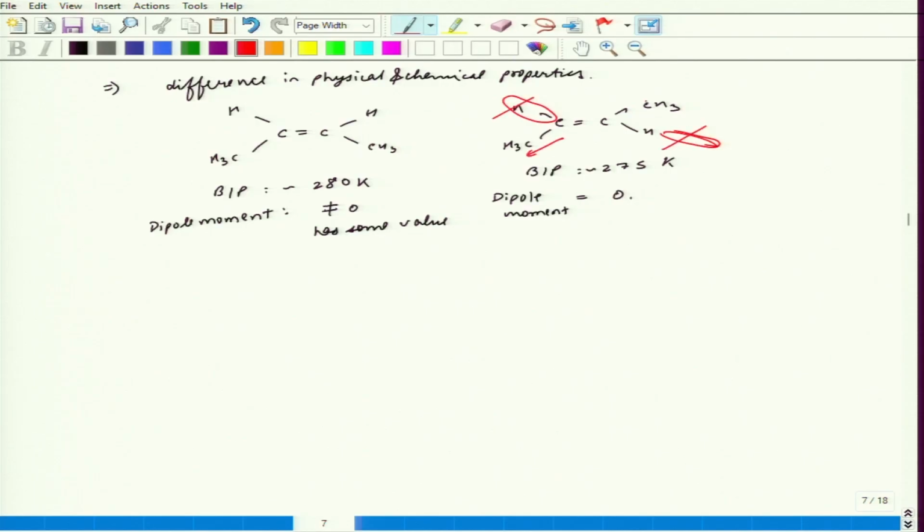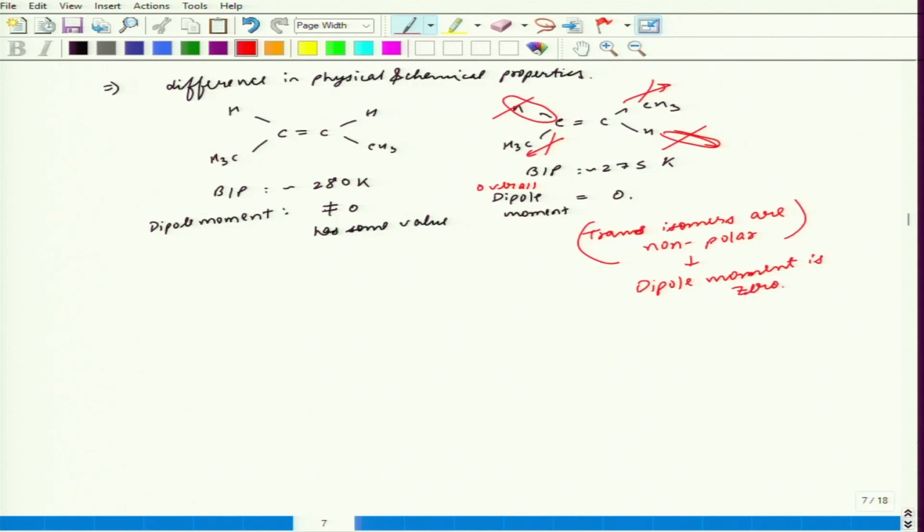The dipole moment will be cancelled out, so the overall dipole moment is 0 in the trans isomers. So trans isomers are non-polar. They don't have any polarity. The dipole moment is 0.